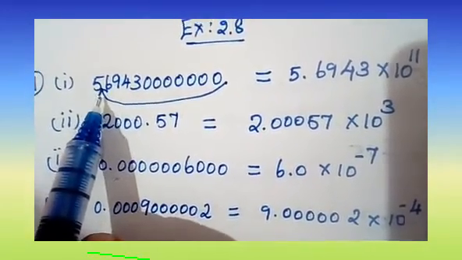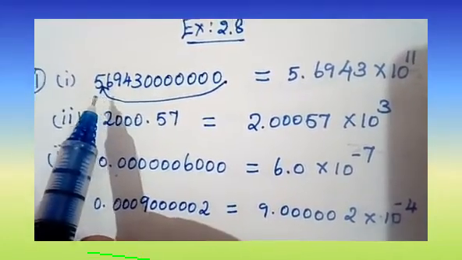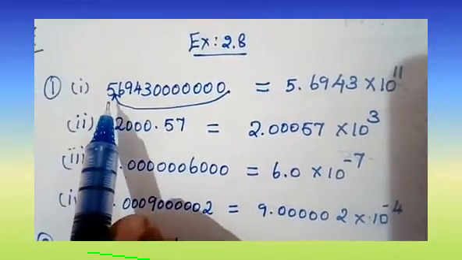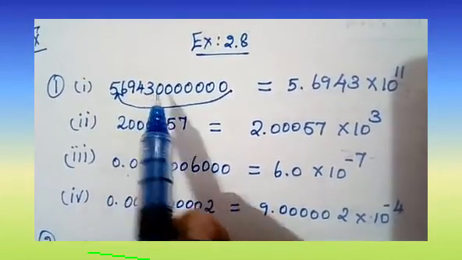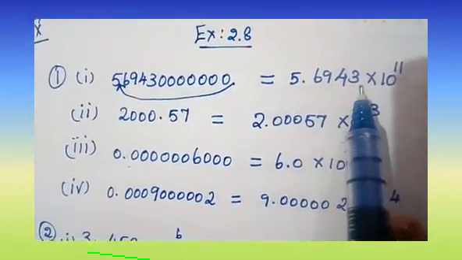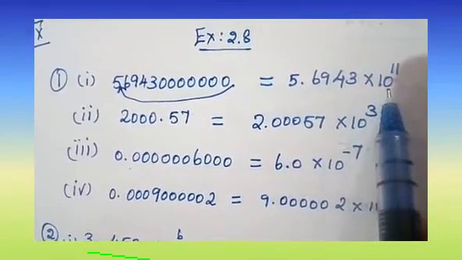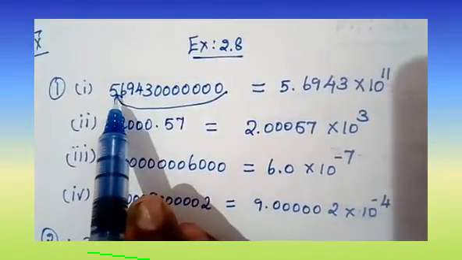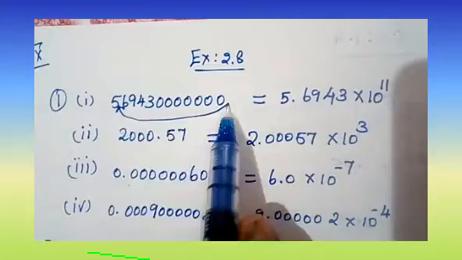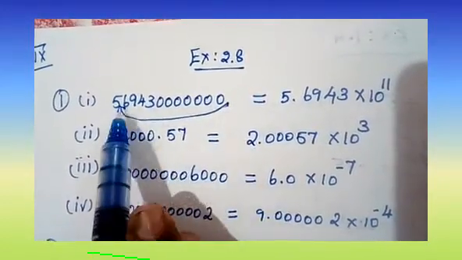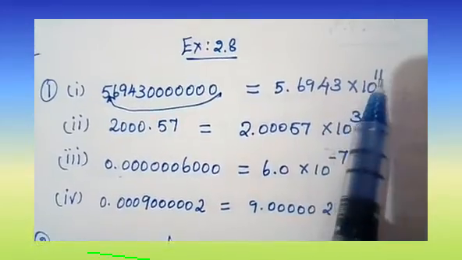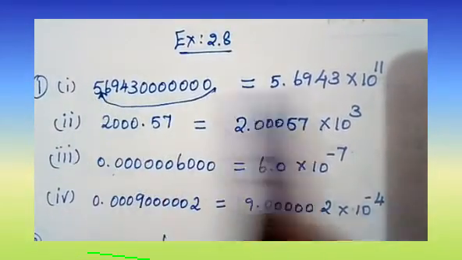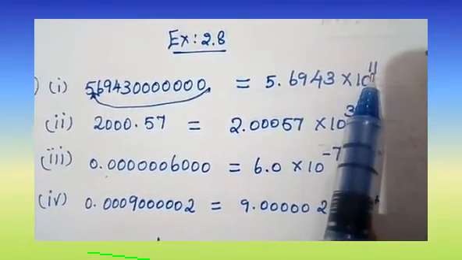It moves left. So 5.6943 into 10 power 11, which is positive because it moves left: 5.6943 × 10^11.